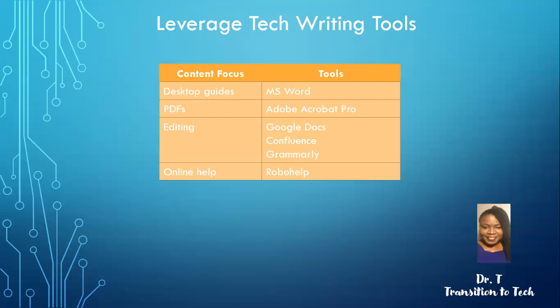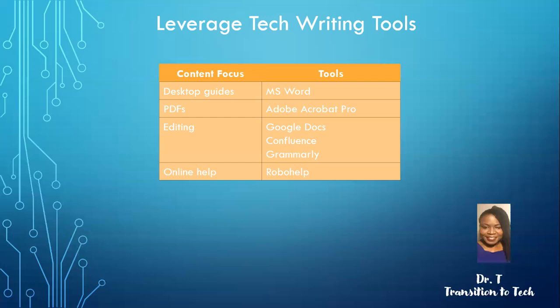If you're working on your first draft, you can run it through Grammarly and get that feedback. And certainly if you're working on a peer review team and you have your colleagues' content that you are responsible for reviewing, Grammarly is a great tool. And again, Confluence and Google Docs is a great collaborative tool that allows more than one person to work on a document at one time.